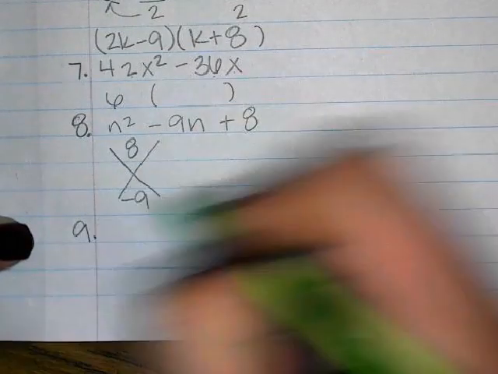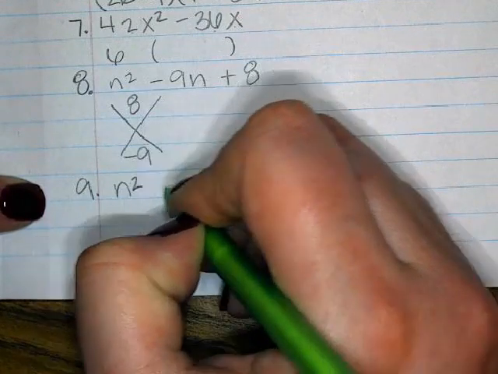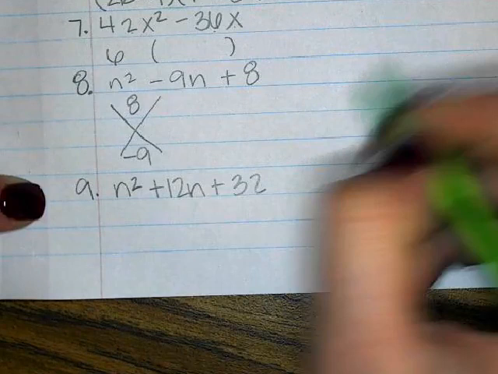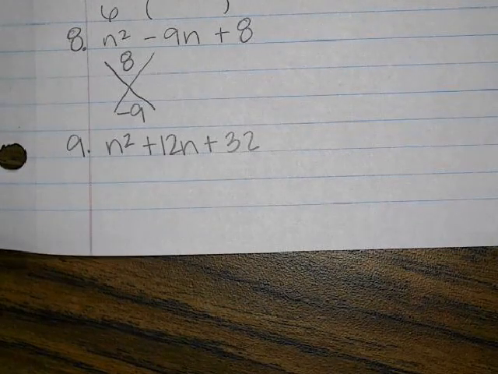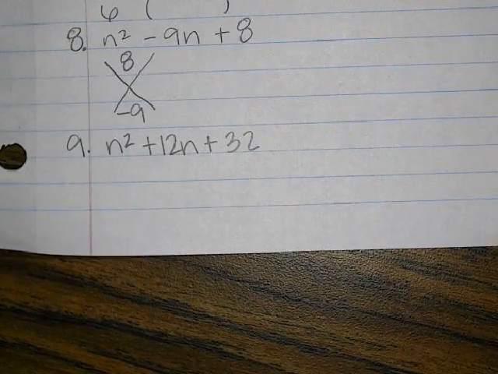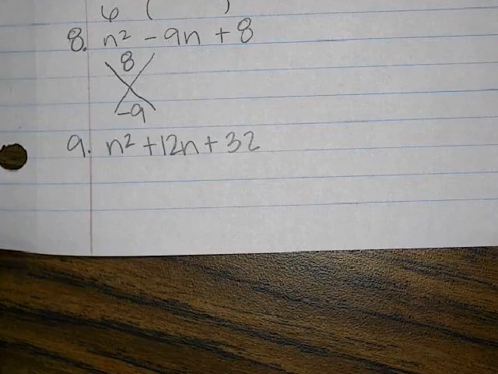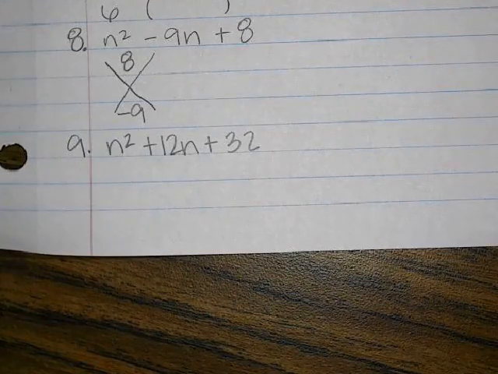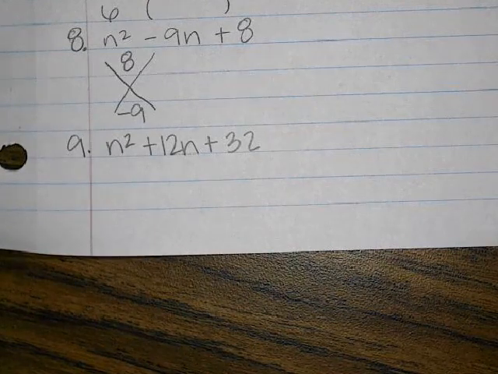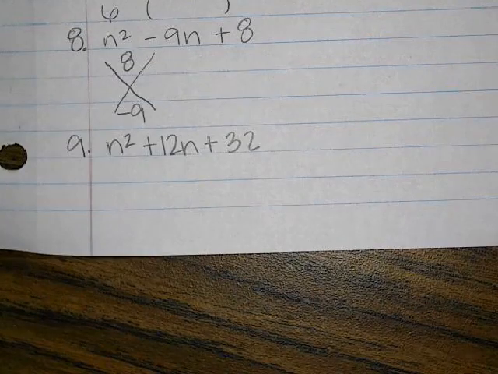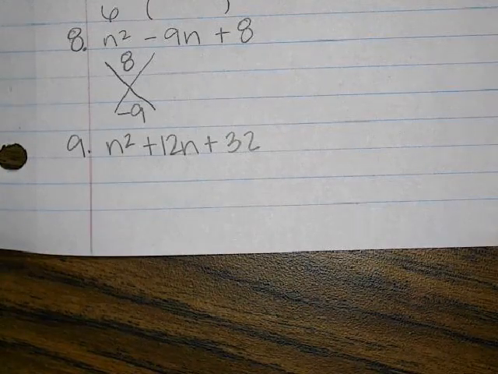All right, here's the next one. N squared plus 12n plus 32.